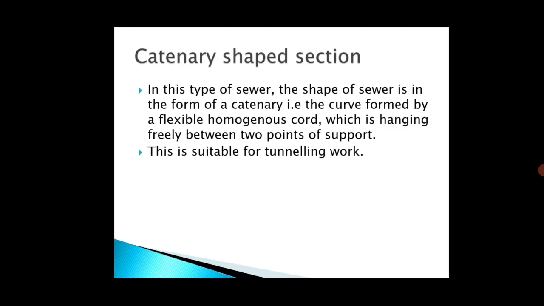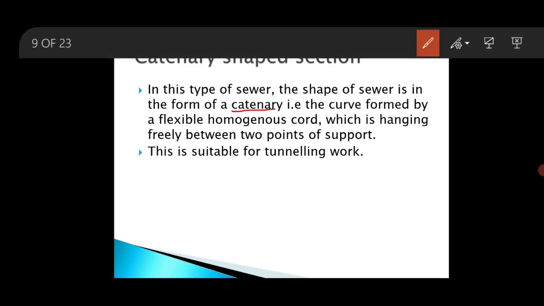Second one is catenary section. In this type of sewer, the shape of the sewer is in the form of a catenary, meaning the curve formed by a flexible homogeneous chord hanging freely between two points of support.